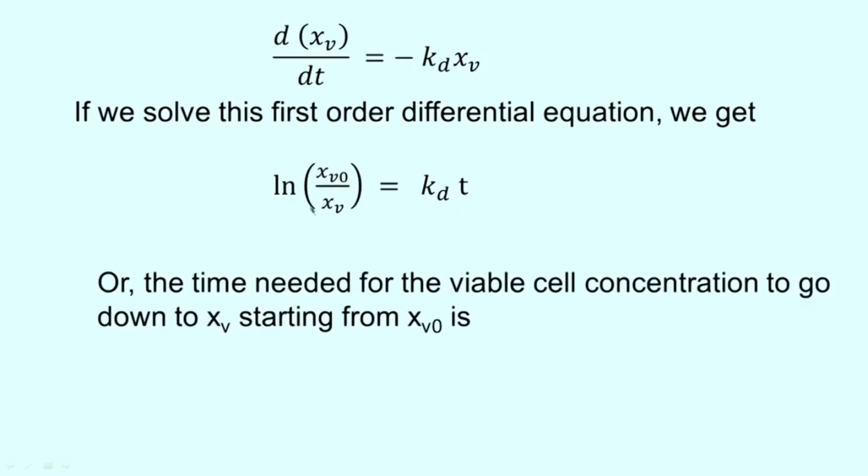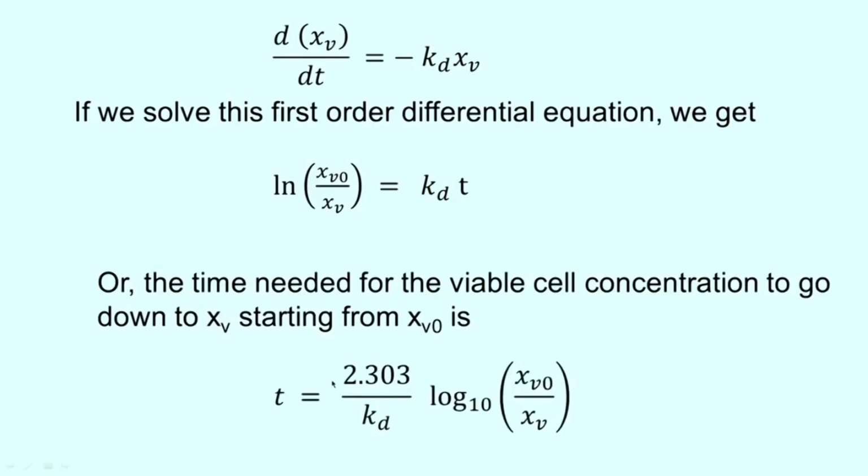Or the way to look at this from our perspective, from a design perspective, is the time needed for the viable cell concentration to go down to x v starting from x v naught when the process started is nothing but, I am converting the natural log to log base 10. You know that the conversion factor is 2.303.